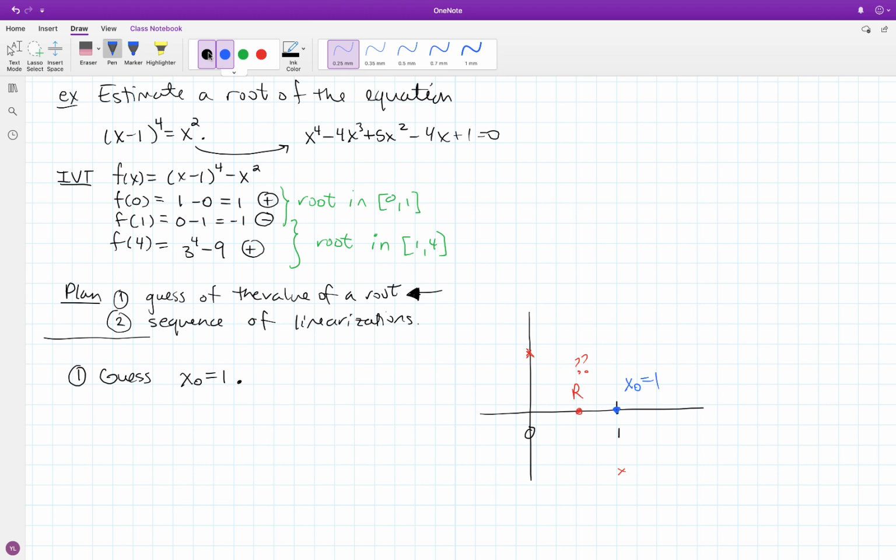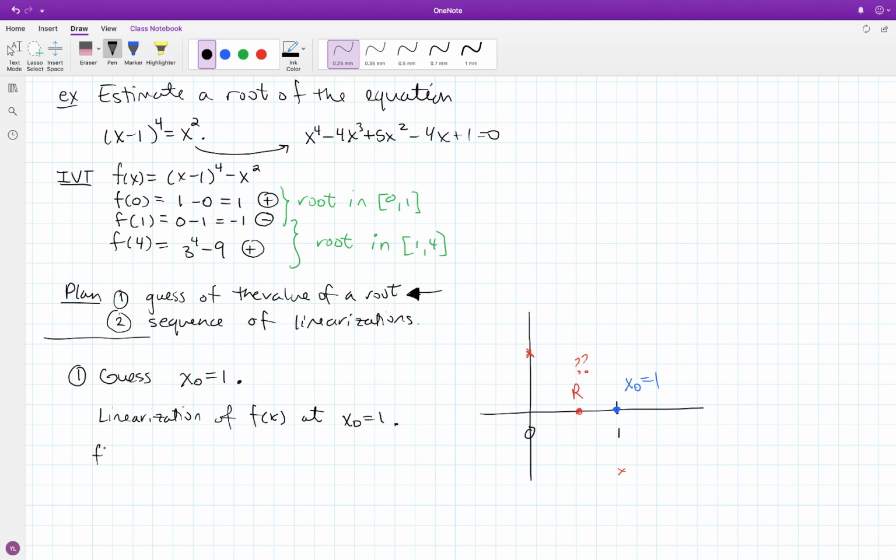So let me go ahead and build the linearization of the function at this x value right here, because I understand that this is close to my root and the linearization will be close to my function near the x value which I expand. So I'm going to make the linearization at 1.